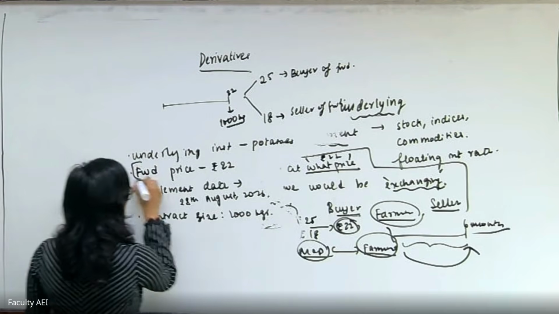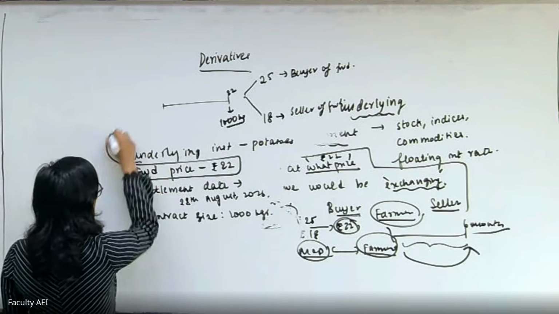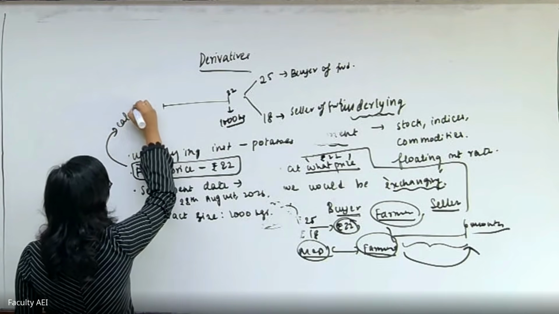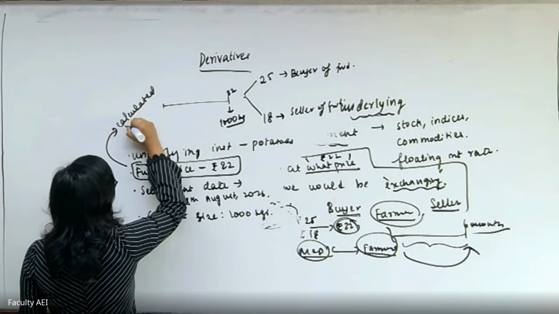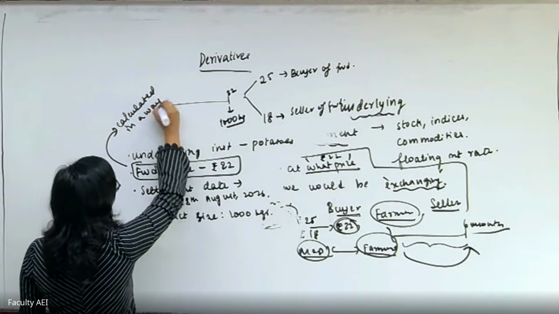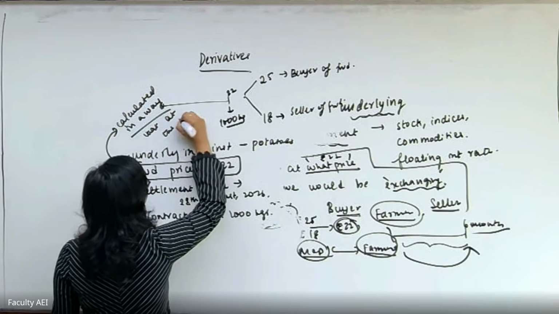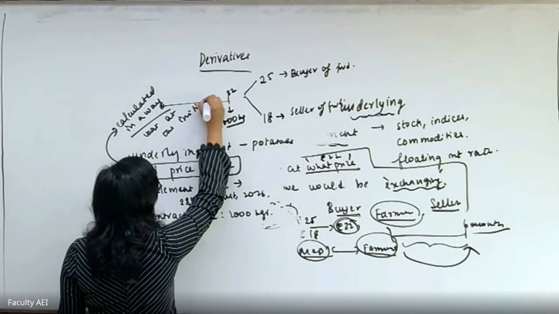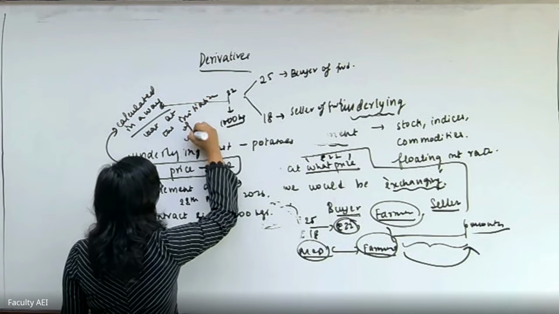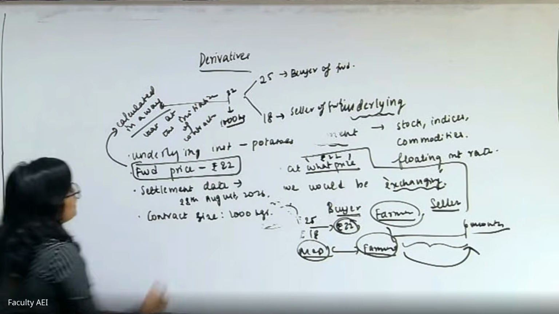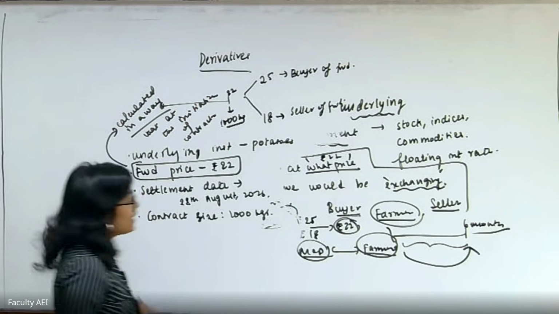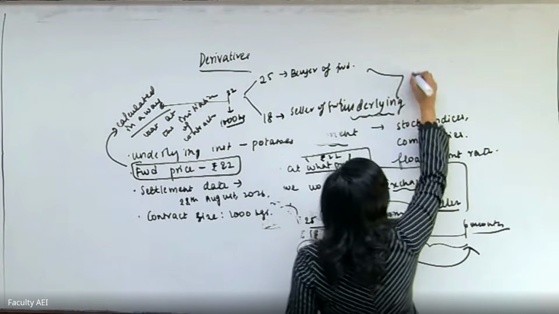Now this forward price is calculated in a way that at the initiation of the contract, the value of this forward contract is zero for both parties.